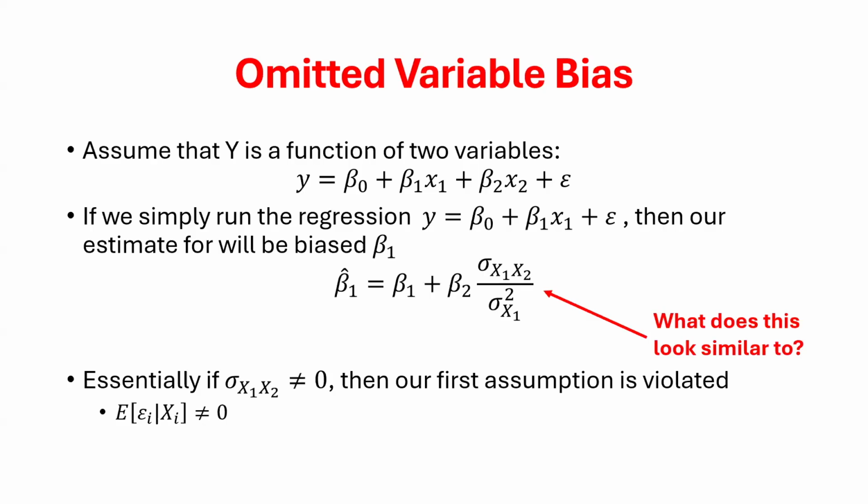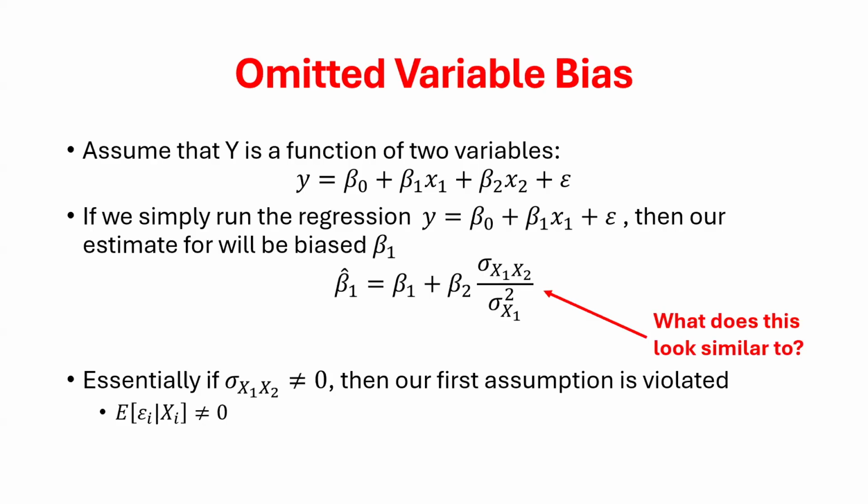So if I have a simple linear regression, we said that my estimate for beta 1 is actually the covariance between x and y divided by the variance of x. We went through some examples and actually showed this.